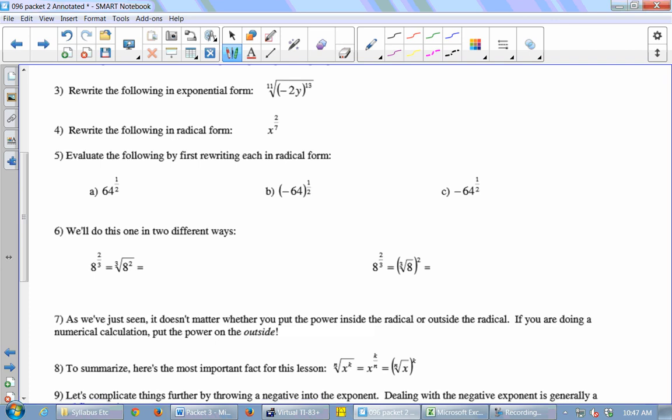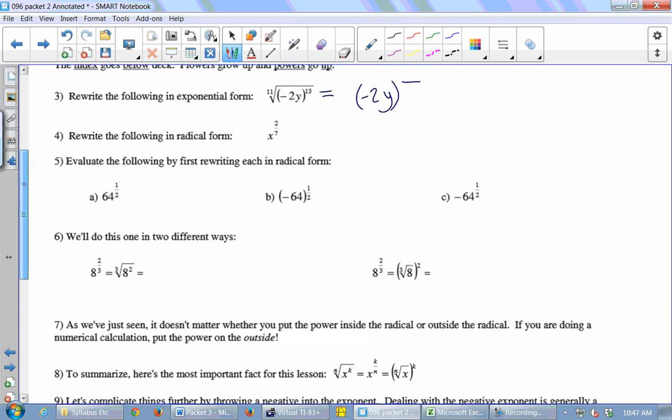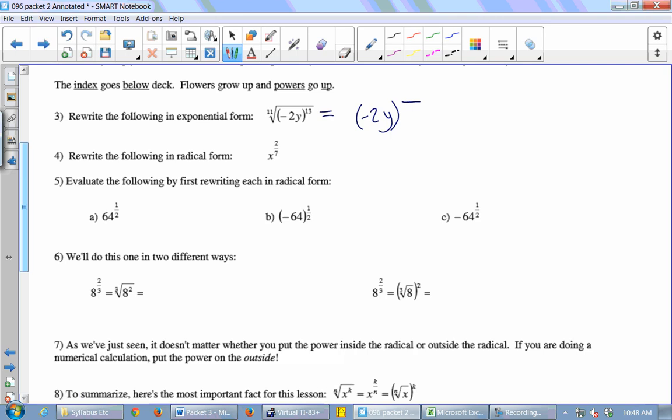If I rewrite this as an exponent instead of a radical, I keep the negative 2y exactly as it is, and then I have a fraction as an exponent. What goes in the top? 13, because flowers go up and powers go up. And on the bottom? 11. That's it.